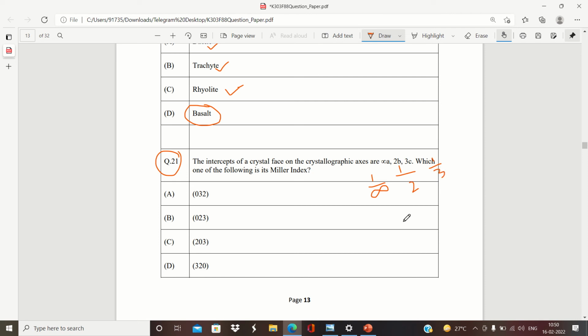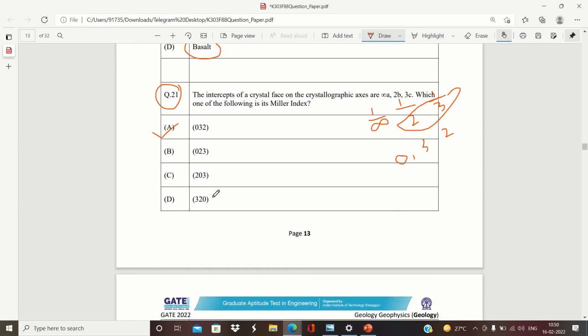Hence we will get 0 here. We have to eliminate all the denominators, so we will multiply everything by 6. So 0 multiplied by 6 is 0, 6 by 2 is 3, and 6 by 3 is 2. So 0, 3, 2. The first option will be our right answer.